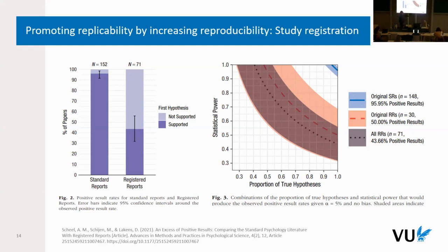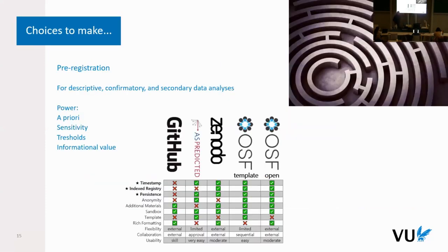So most of us are more in this range, and then this rate of hypotheses actually being accepted is much more realistic.